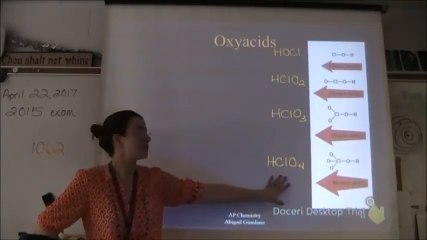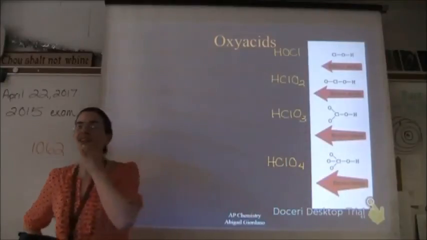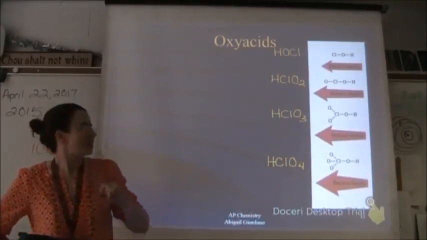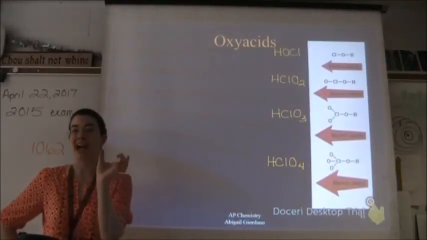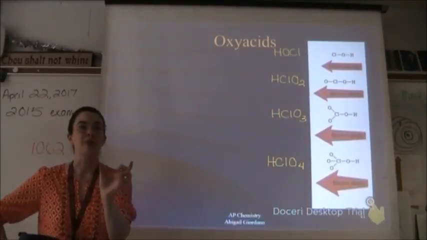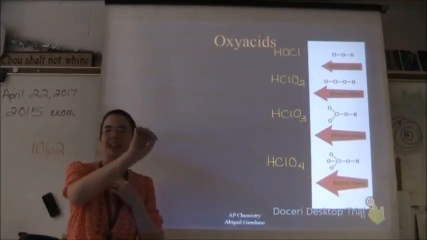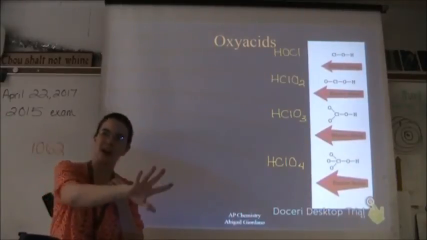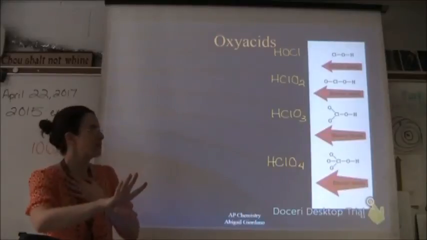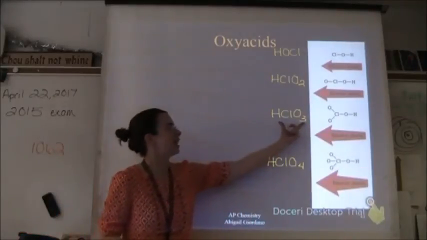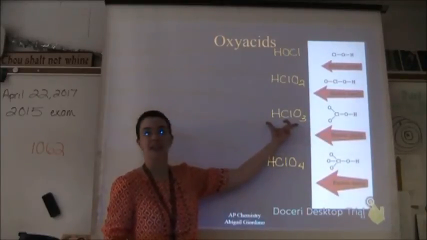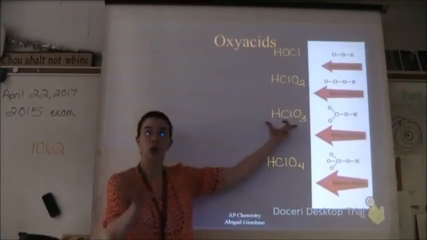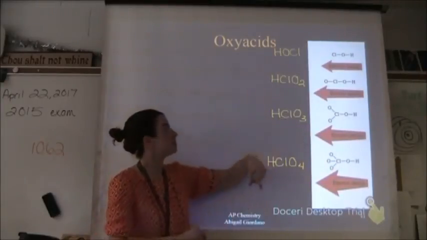Perchloric, okay? When you're naming acids, guys, remember the rule is you have to remember the name of the polyatomic ion. Do you remember that ate goes to ic, ite goes to ous? Remember that rule? What's the name of this polyatomic ion? Chlorate. So what acid is this? Chloric acid.